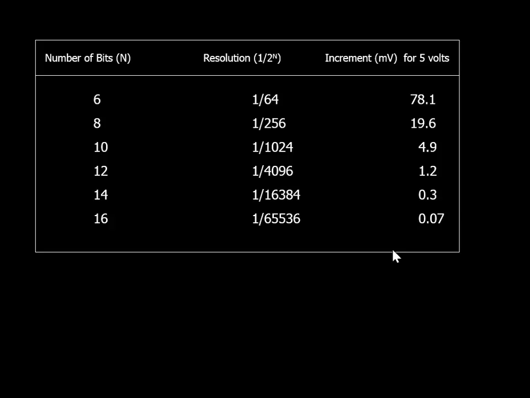Any question you would see on the final exam, this value would be given to you. So again, this is the resolution. This is the number of bits, and this value is equal to, in this particular case, 5 volts divided by 2 to the 6.